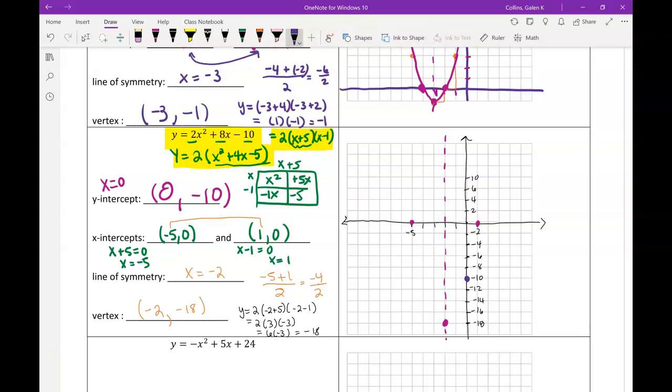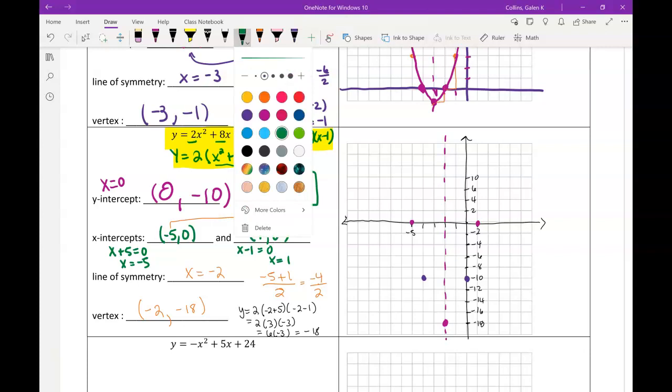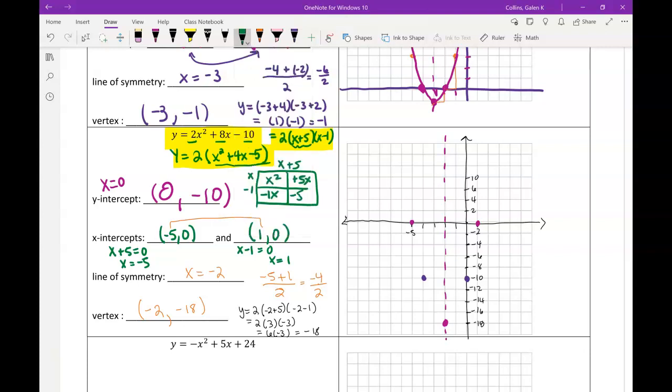So I could also find the kind of mirror image of that point on the other side of the line of symmetry. So as we check this, when we use our pattern to check, I'm going to be honest, for a second I thought I made a mistake, but I totally forgot that I was counting by twos on my y-axis.